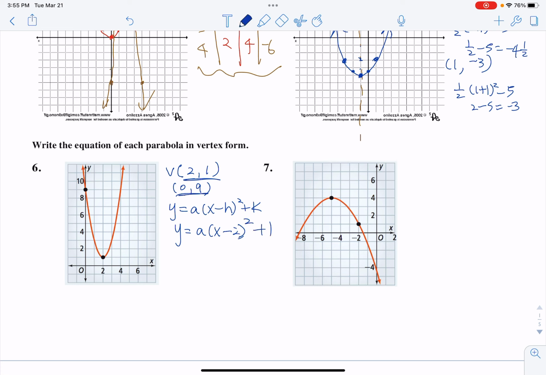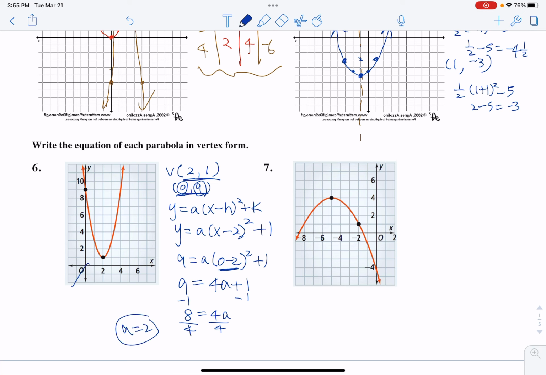I plug in x as 0, y as 9, so 9 = a(0 - 2)^2 + 1. Then (-2) squared first is 4, so 4a + 1 = 9, and you subtract 1, 8 = 4a, and divide by 4, so the value of a is 2. So the equation satisfying this graph will be y = 2(x - 2)^2 + 1.